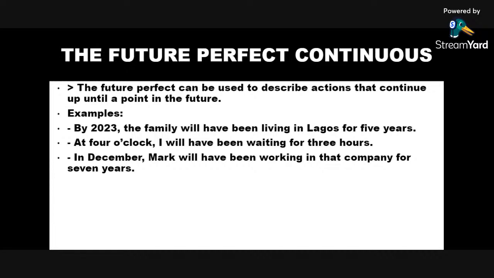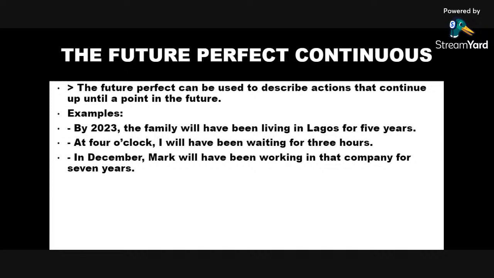You know, it's also a kind of projection and speculation, all right? But this is a little bit more realistic because there is a mathematical or arithmetic calculation that can be done if you know exactly when the family started living in Lagos.